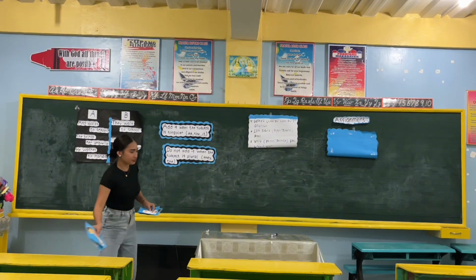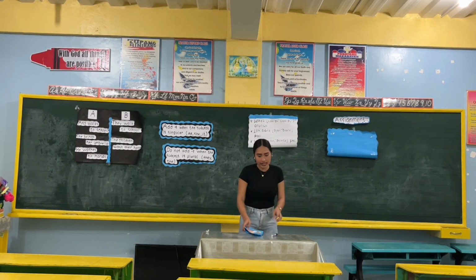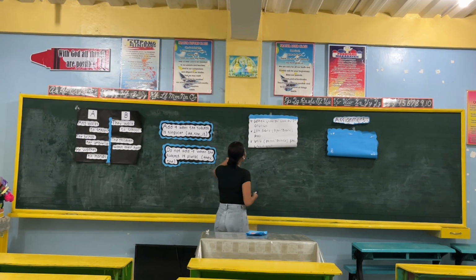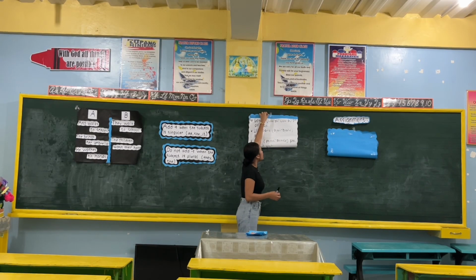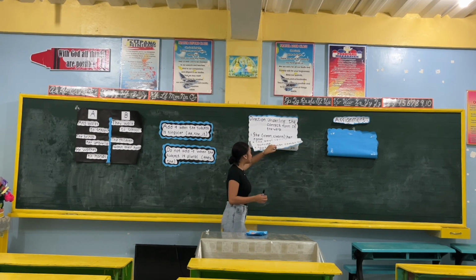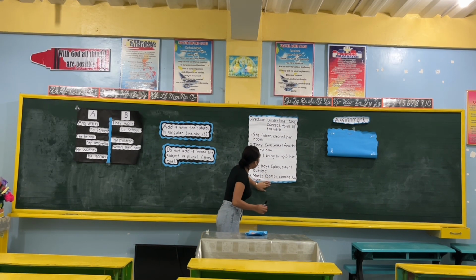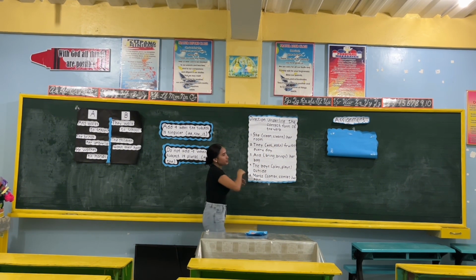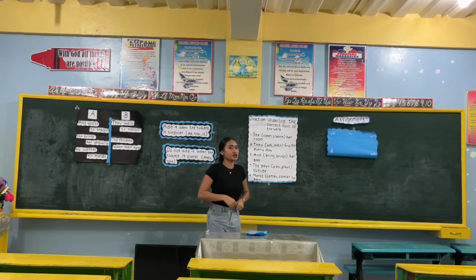Alright. So now, let's have another set of activity or assessment. I read the direction first. Underline the correct form of the verb. Okay, I will give you 5 minutes to complete the task. Alright?